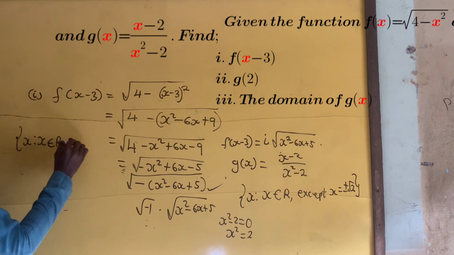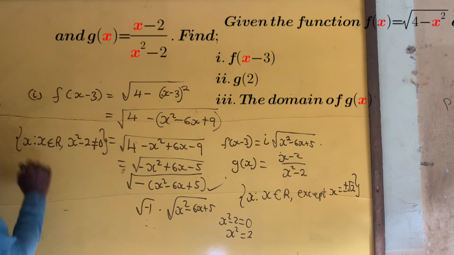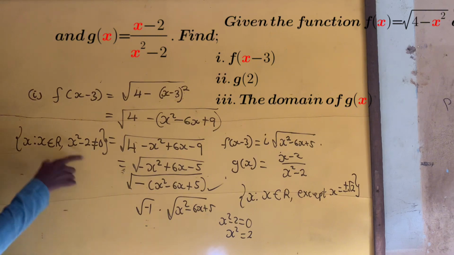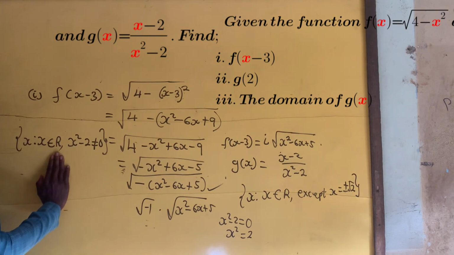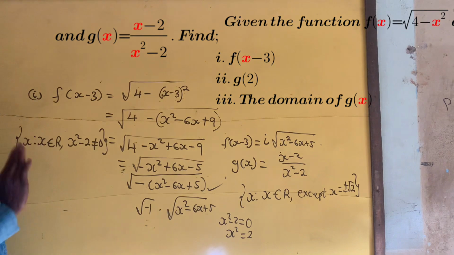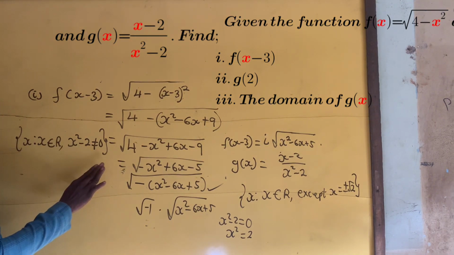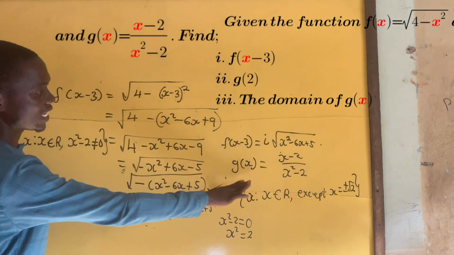Then x squared minus 2 should not be equal to 0. Wow. We can also state the domain this way. x belongs to all real numbers, but x squared minus 2 should not be equal to 0. If x squared minus 2 is equal to 0, then this function will become undefined.